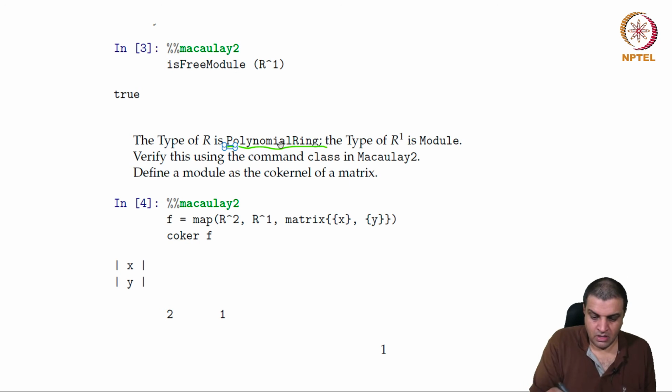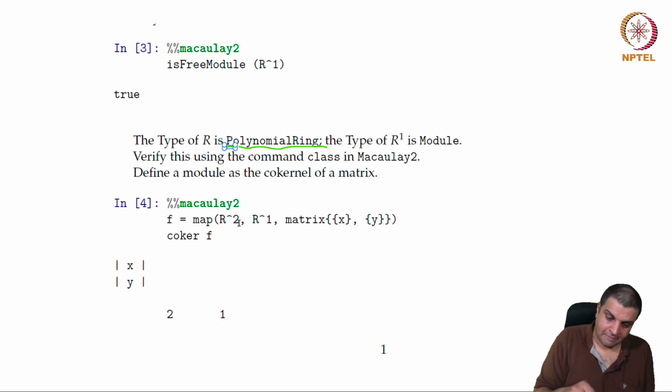So we saw earlier that a finitely presented module can be written as the cokernel of a matrix. Here is what we do. We define f to be a map to the free module R^2 from the free module of rank 1.